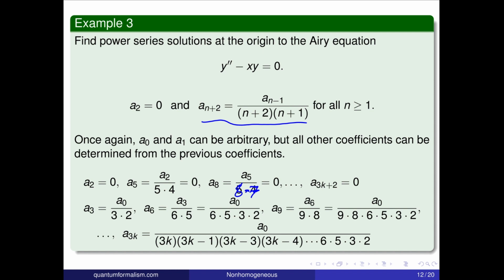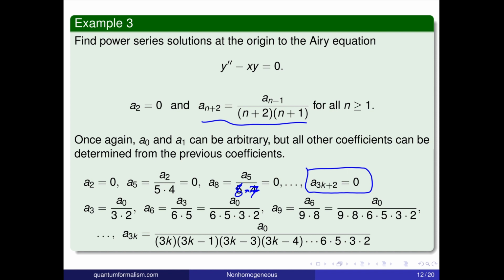We're getting 0 again. All right, so this is saying that all coefficients that are 2 modulo 3, if you want to say it that way, anything that when you start at 2 and repeatedly add 3, anything of the form 3k plus 2, those coefficients will all be equal to 0.